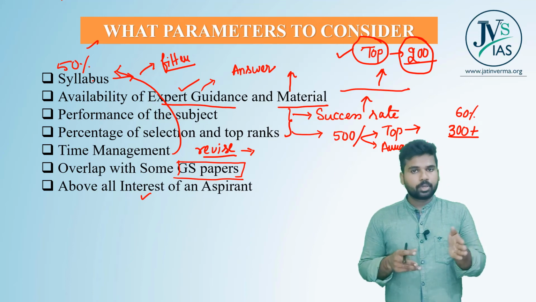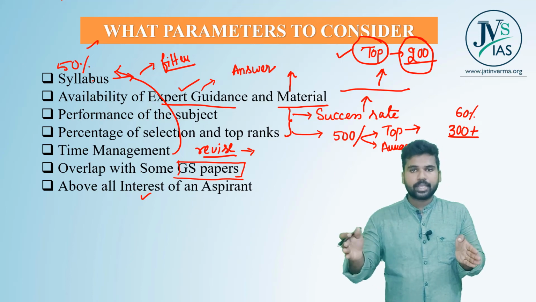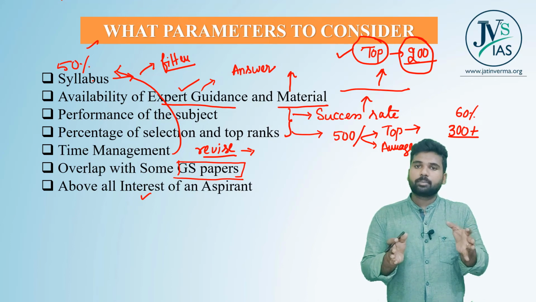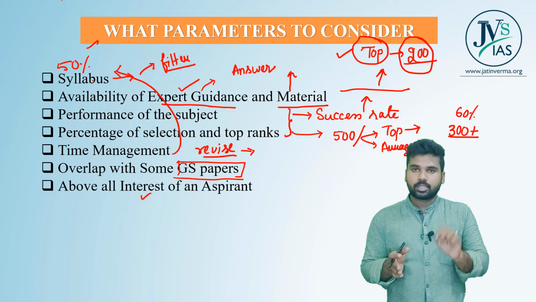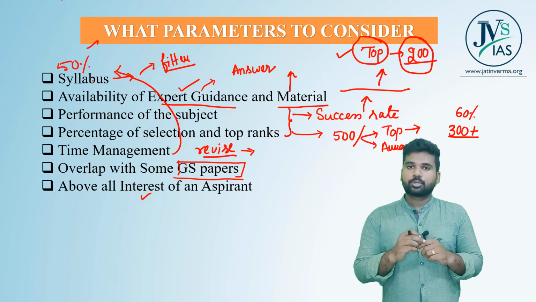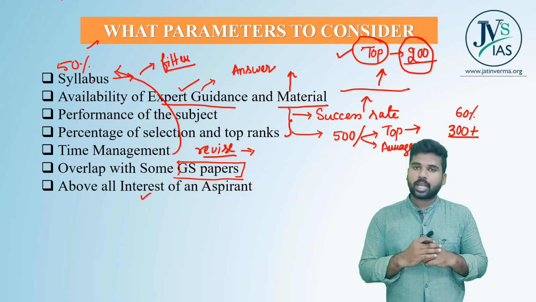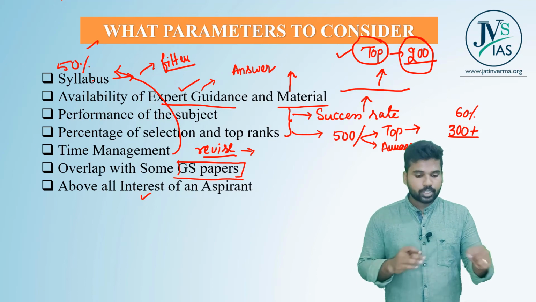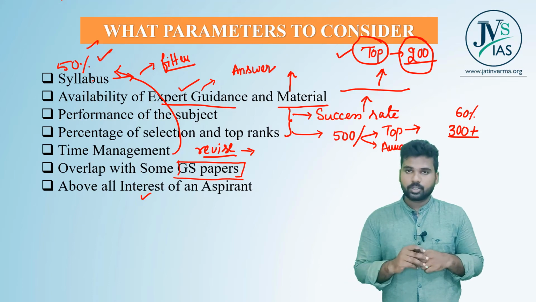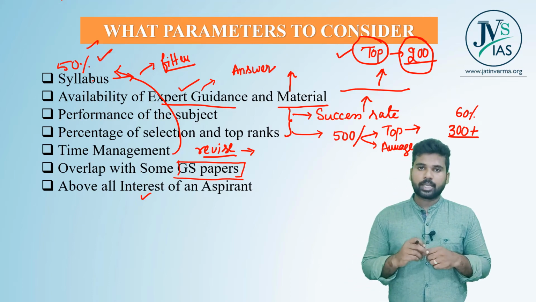If the number of days between prelims and mains is narrowing, then you need a subject which can be revised at least twice or thrice within that small gap, so that you can give very good test series and practice all the answer writing. For that, having a concise syllabus is very, very important. That will tell you how you can manage the time.